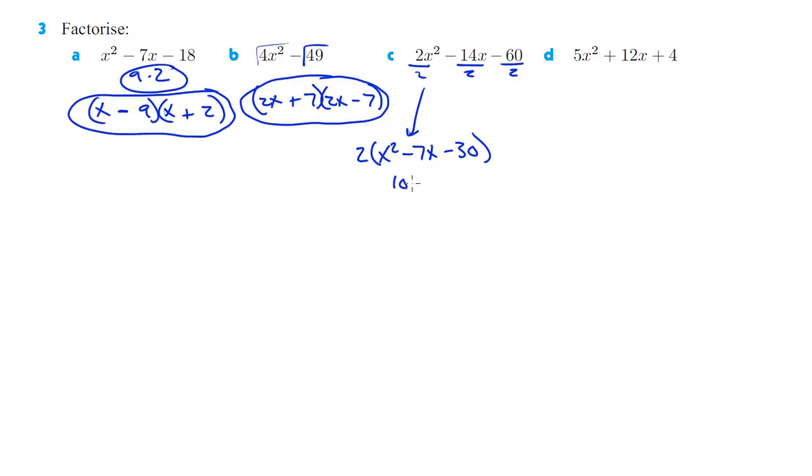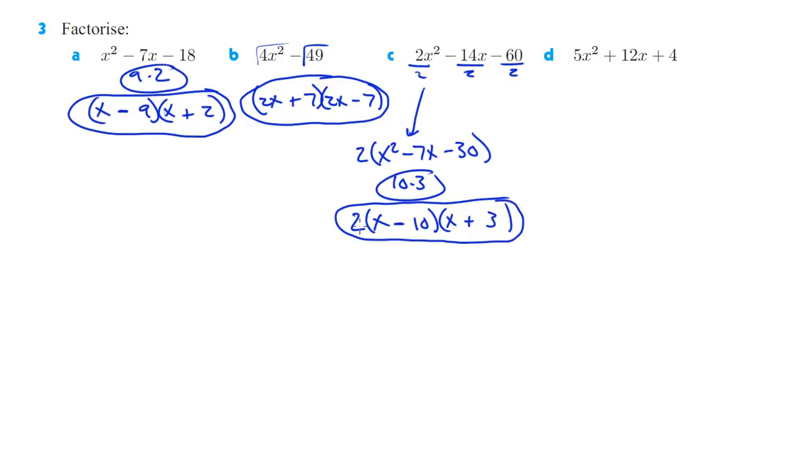So that's going to be, what, 10 times 3 have a difference of 7? So it's going to be 2 times, and we have x and x, 10 and 3, or 3 and 10, doesn't matter. And they have to add up to -7, so that's going to be -10, +3. Don't forget the 2 out front here because that's part of the factoring.